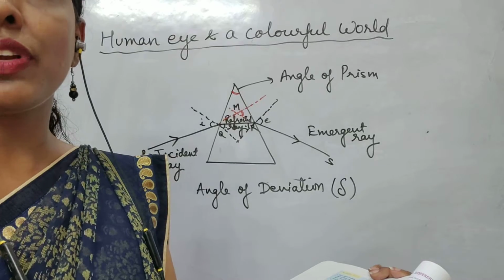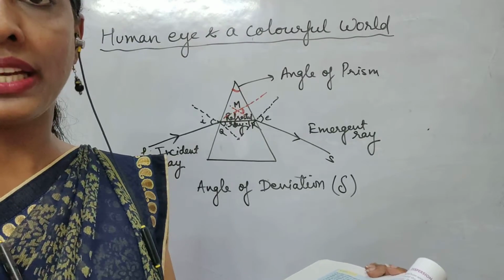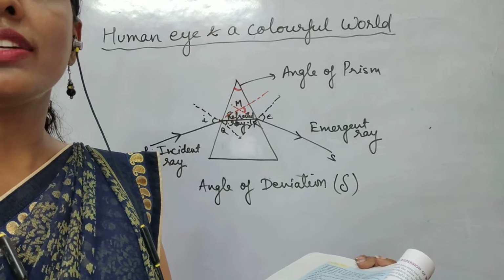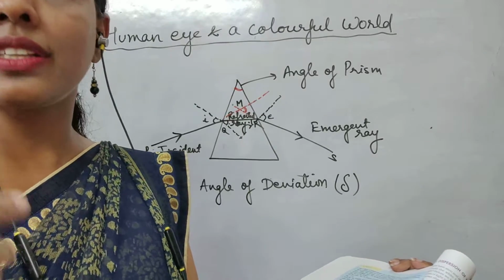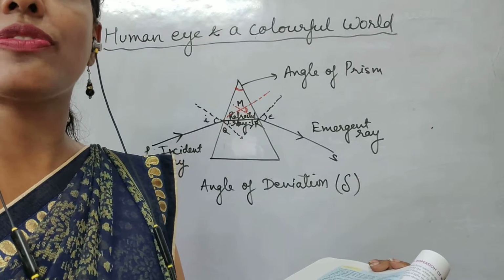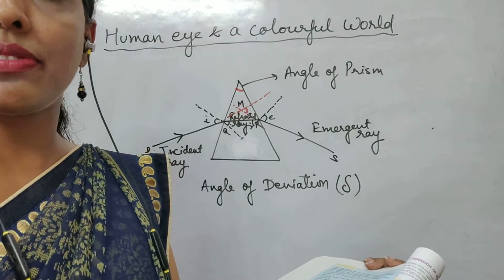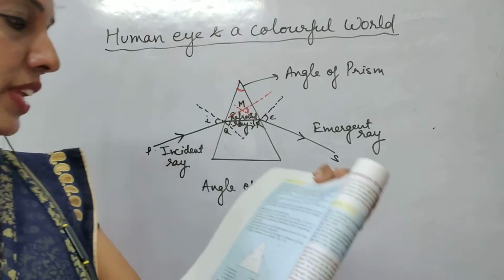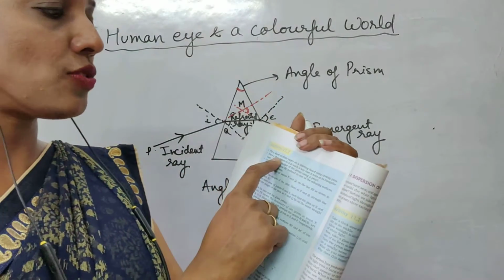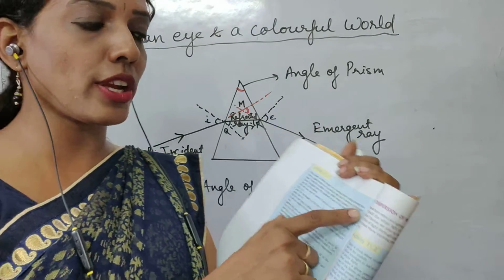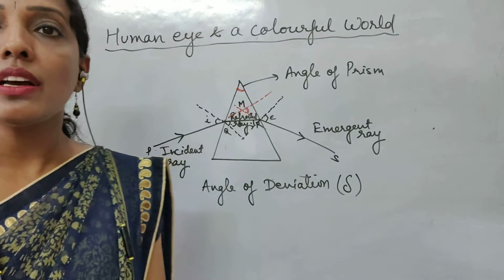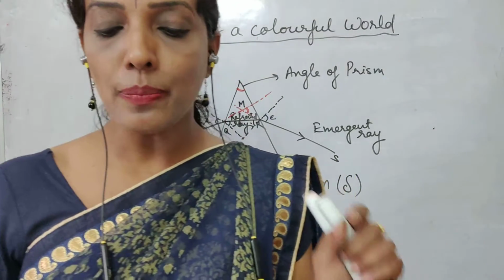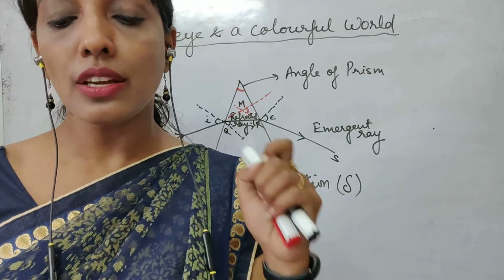If we go to this activity itself, we have to understand what the different angles are, meaning angle of refraction and angle of deviation, and how we will find them out. So fix a sheet of white paper on a drawing board using drawing pins.